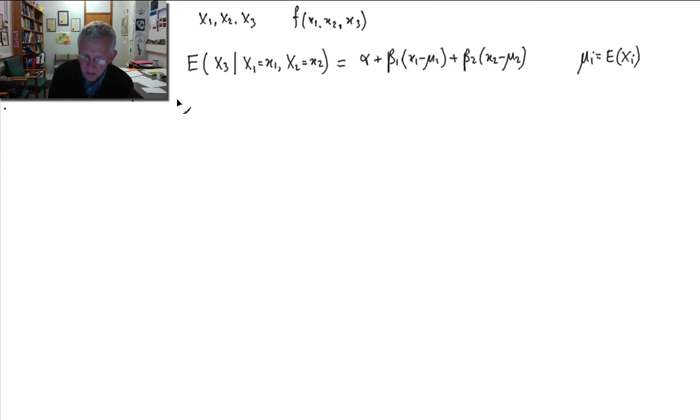So this structure here is reminiscent of a formula which you would remember from earlier studies.